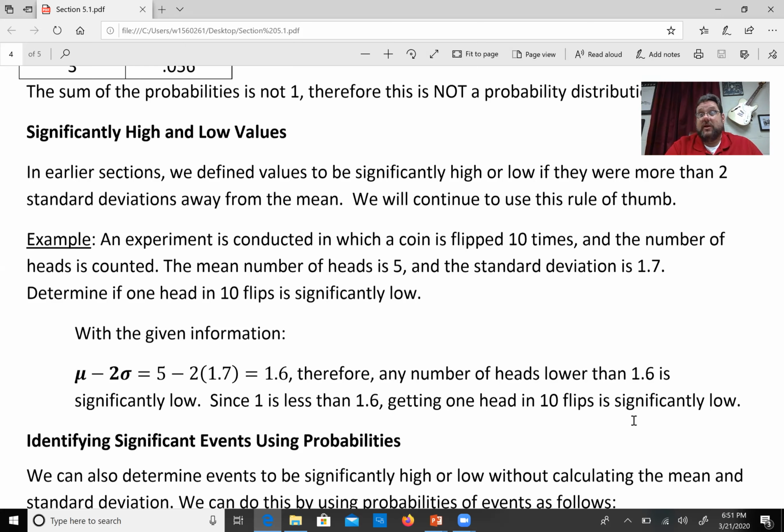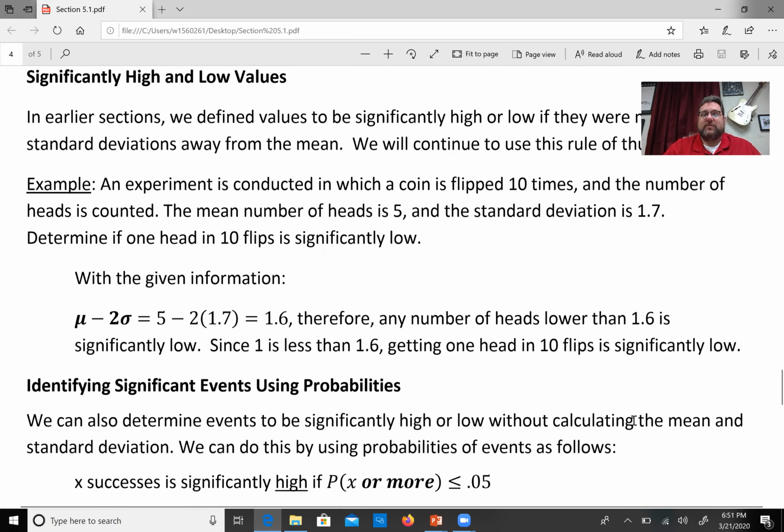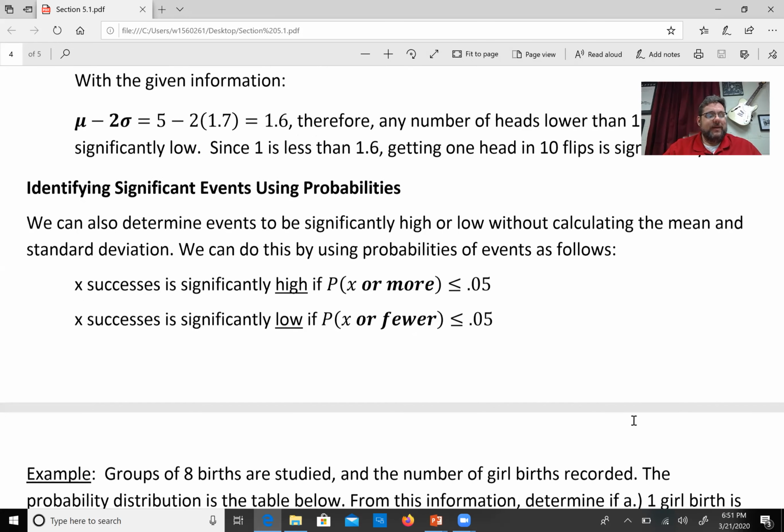But that's not the only way we can do it. And in fact, the way I'm about to show you is a way we'll do it later, and it actually is one we use more often. So rather than calculating the mean and the standard deviation and then finding what 2 standard deviations above and below is, we can use probability. And here's the deal.